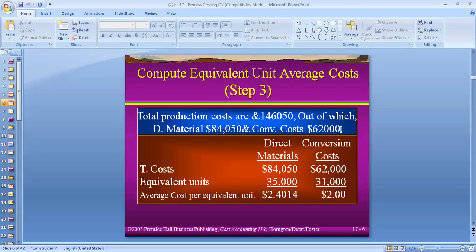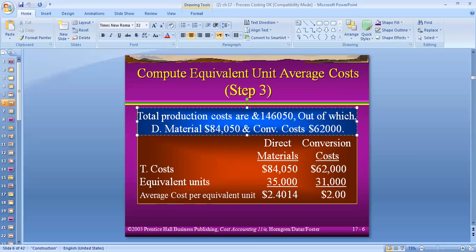Remember again that he used conversion cost for both direct labor and indirect manufacturing cost, and he gathered the two together because the completion rate is the same, 20%. Direct material, total cost 84,050. For conversion cost, that is direct labor and indirect manufacturing cost, 62,000.